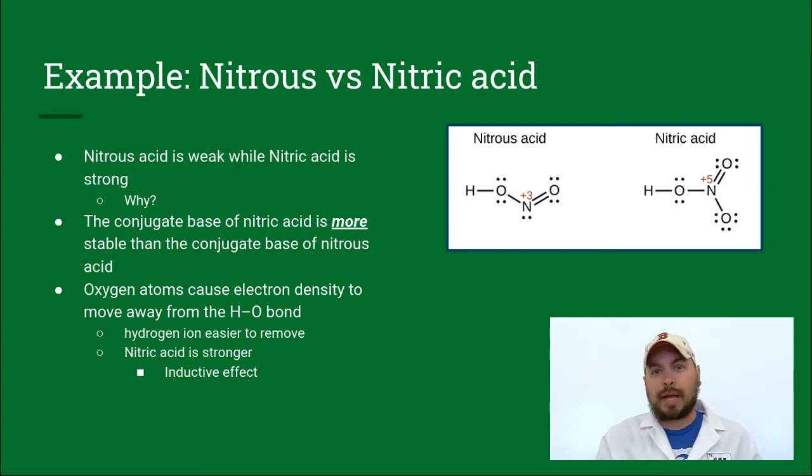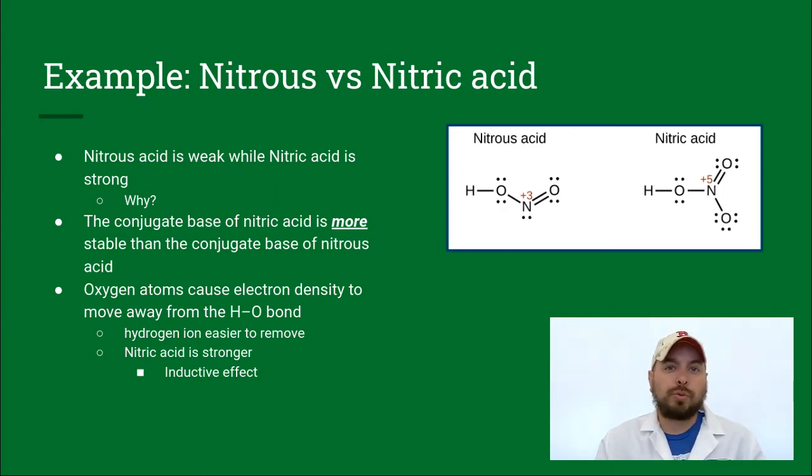In nitrous acid, the hydrogen is still bound to an oxygen, but you only have one other oxygen that is inducting or pulling electrons away from that bond. As a result, nitric acid is a strong acid, nitrous acid is a weak acid.